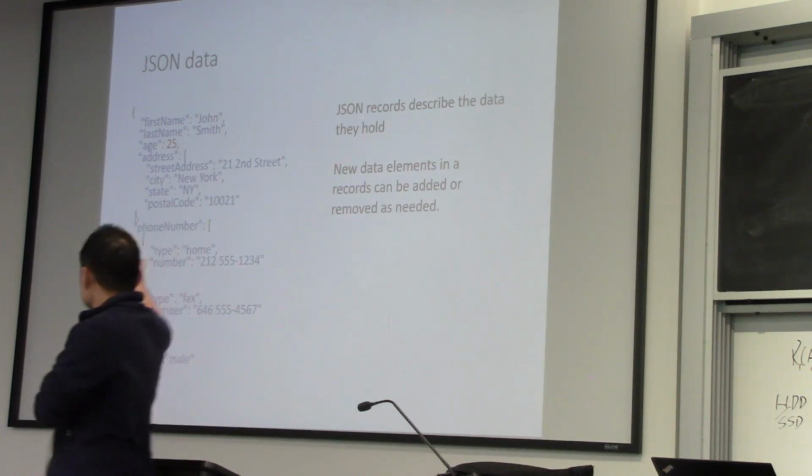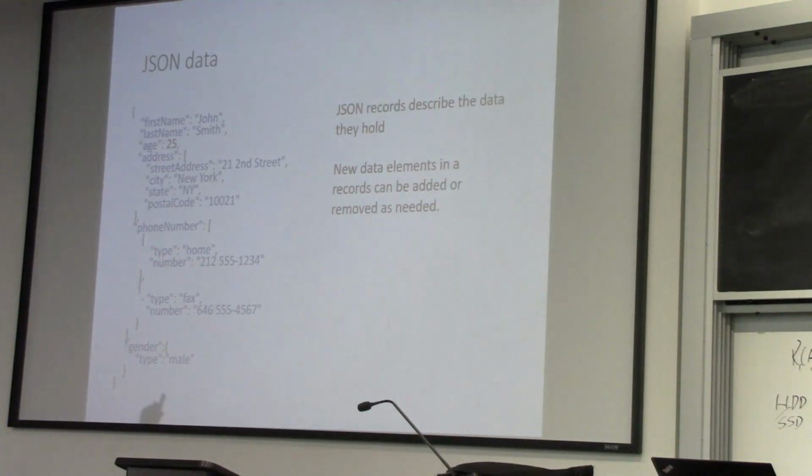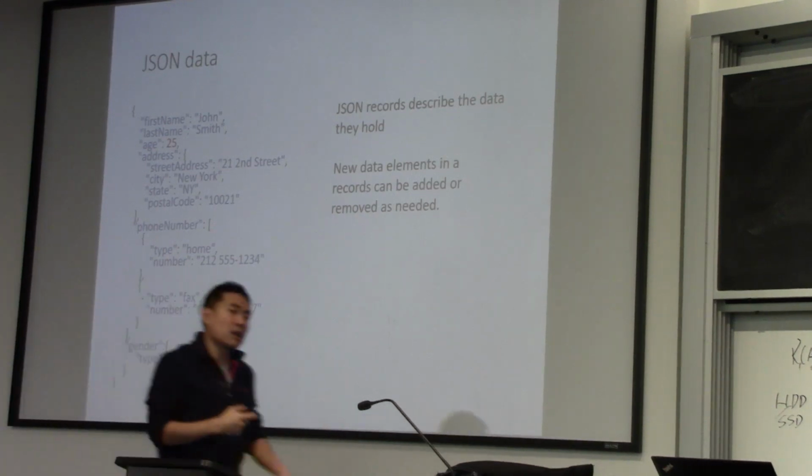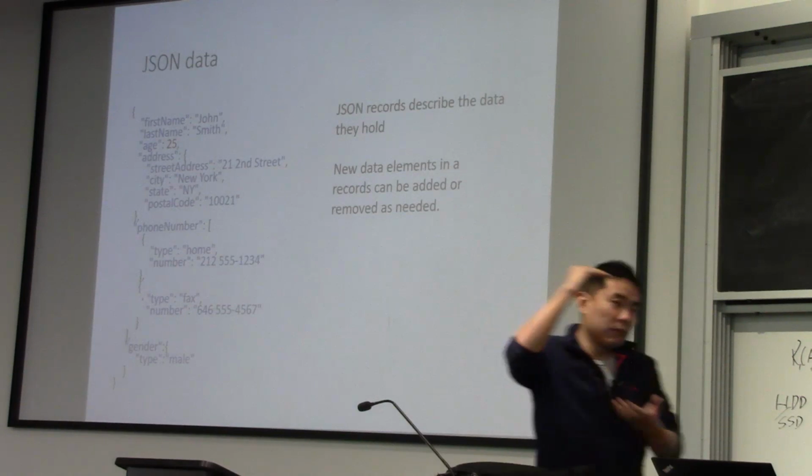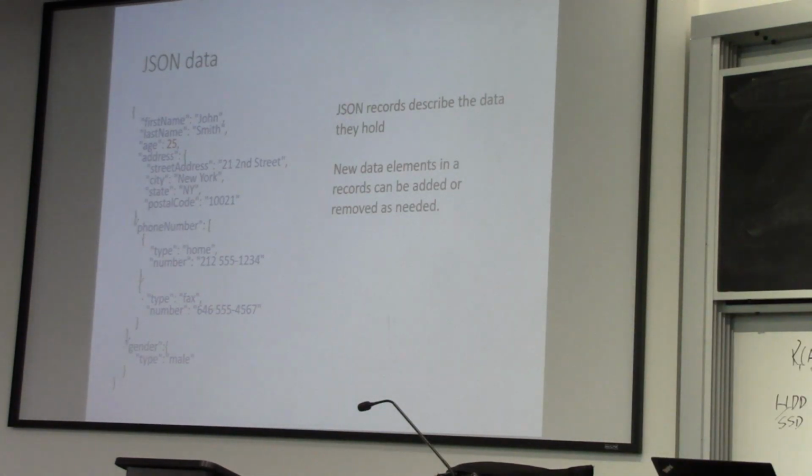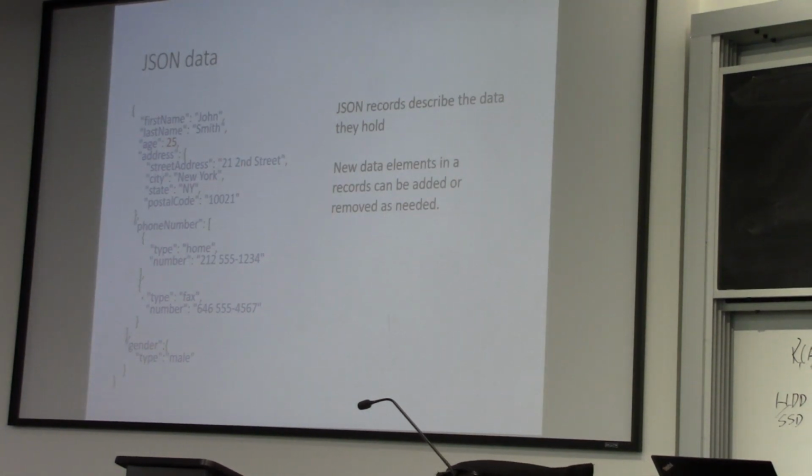By looking at this, I know there's the first name, last name, and age. Then there's the address, and the address further has a substructure in it. The nesting JSON structure. But the flexibility of JSON is such that all records from the same table do not have to follow the same JSON structure. This is the first person record, right?